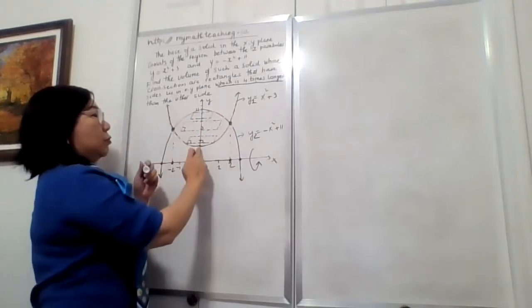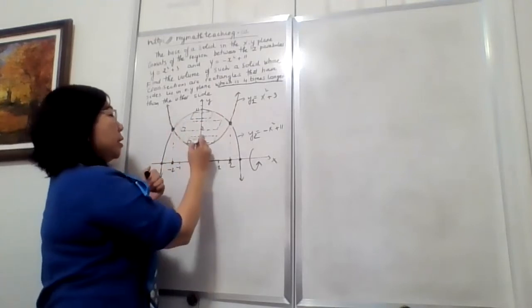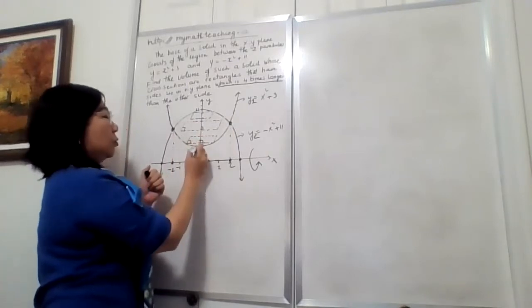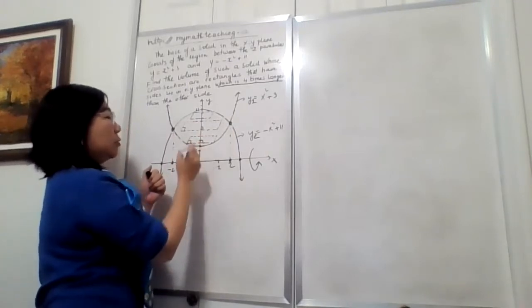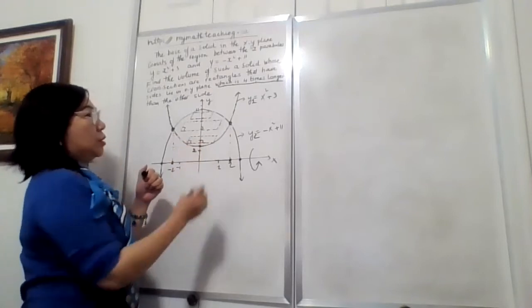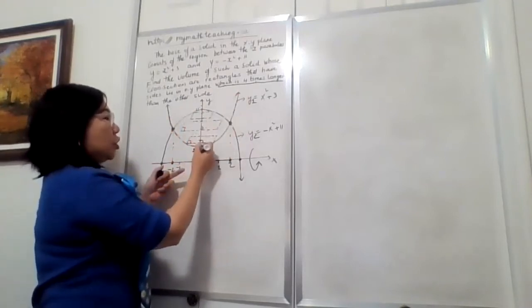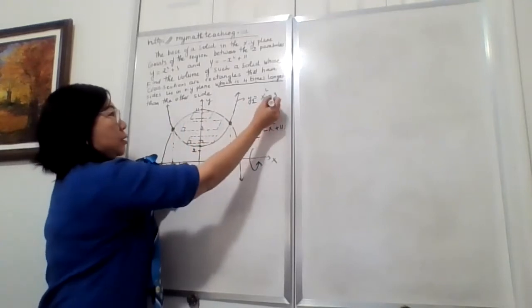You can see that the minimum point here crosses at the value 3, and this is number 2. So I scale from here to here 2, and from here to here 3. So this is the parabola opening upward, shifted up by 3 units.